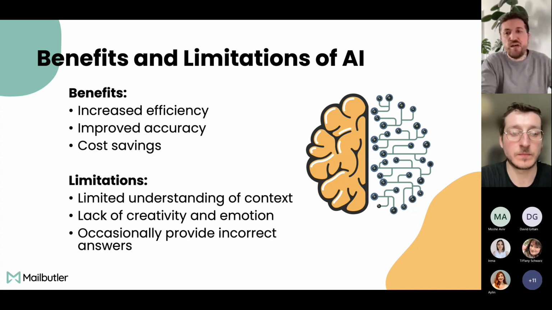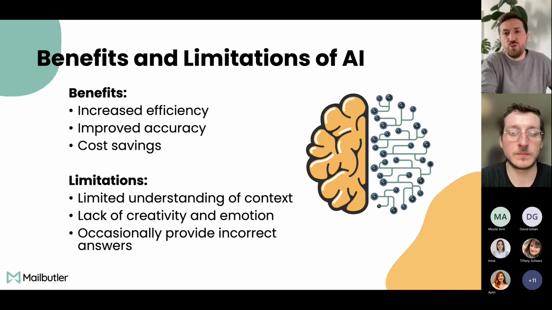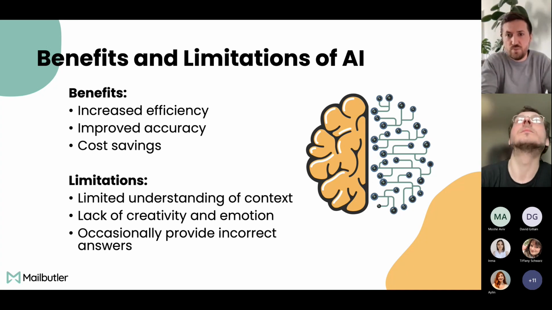Another limitation of AI is that it is not capable of using creativity or emotional decision-making. This means AI technologies can't come up with original solutions to problems. This is simply not possible. But most importantly, AI technologies can sometimes produce correct-sounding answers which are completely wrong.